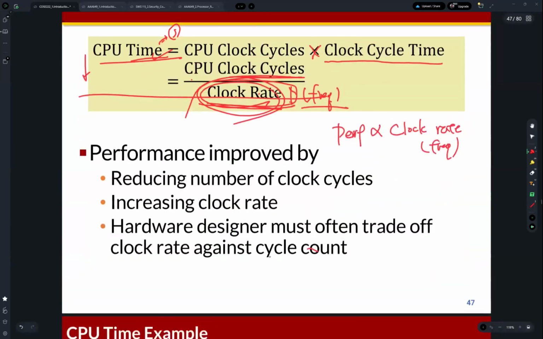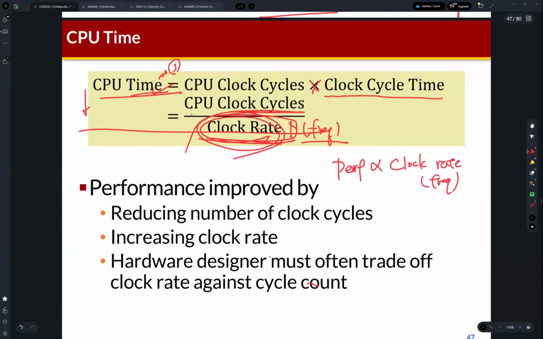We can define the CPU time like this. We can just count the CPU's clock cycles, because the working of a digital system is synchronized with the clock signals.